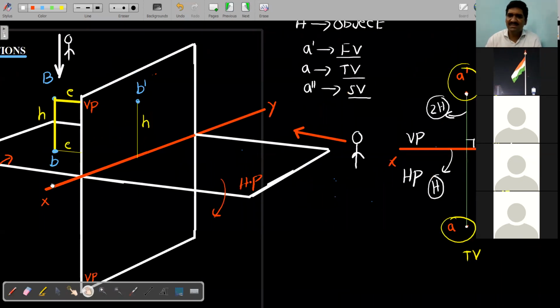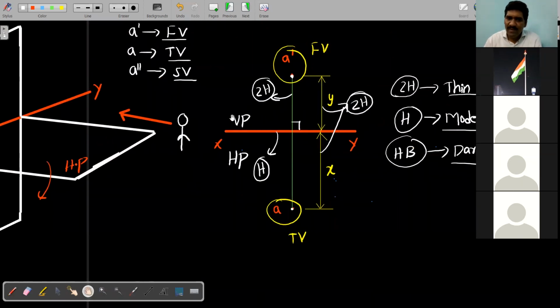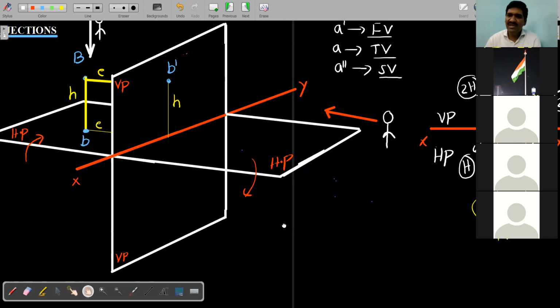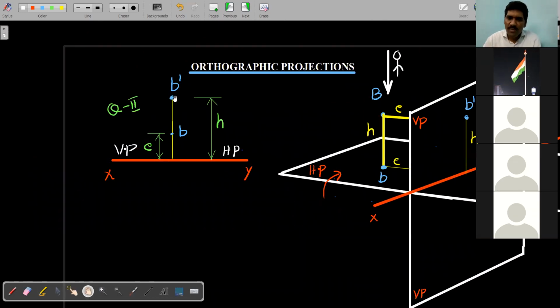In the previous case, in the vertical plane we draw the front view and in the horizontal plane we draw the top view. But here, if you observe carefully, both the front view and top view are above. Both are above, meaning VP and HP both are lying above the XY line. Fundamental concept. If you don't know these, you will not be able to do drawing; you have to learn.